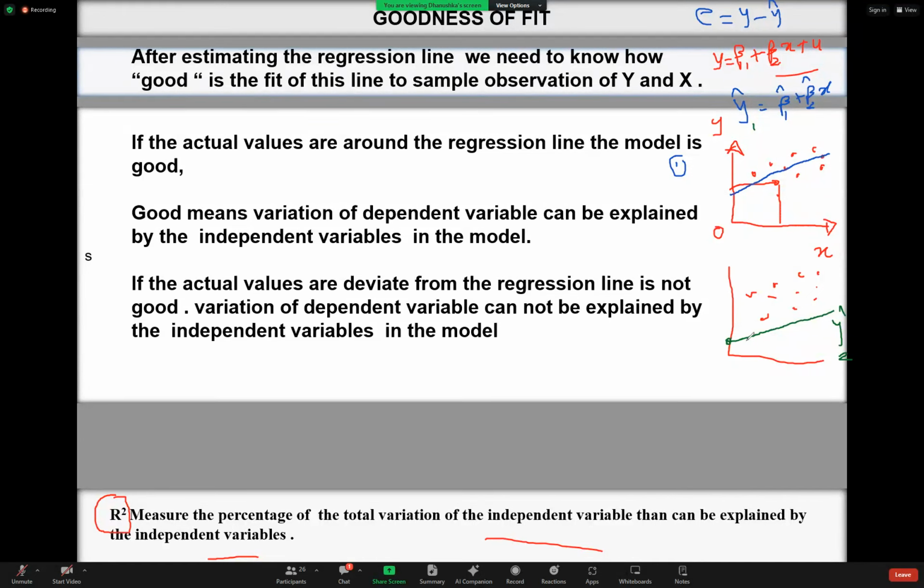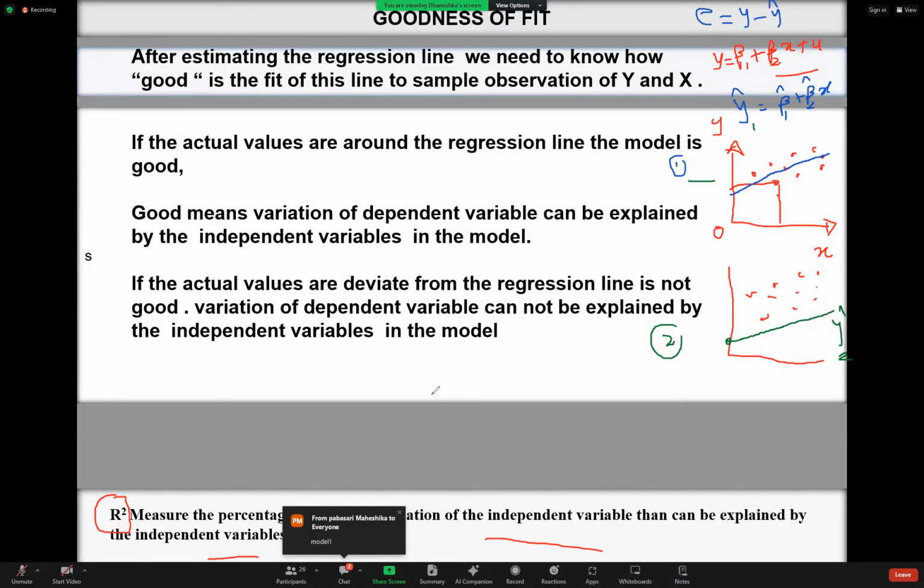Now I am going to ask you a question. Here you can see two regression models, 1 and 2. Which one is the good model, model 1 or model 2? Which one is good according to your understanding?